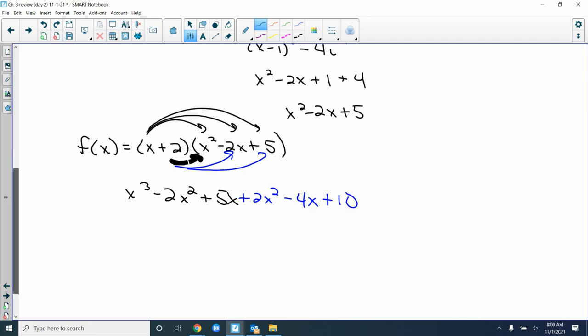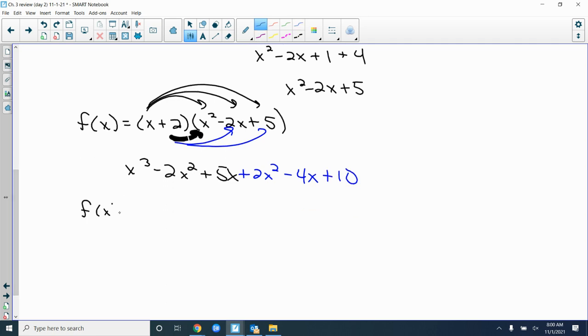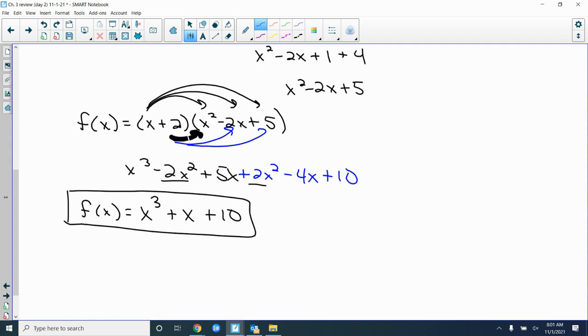So what do we end up with? f of x equals x cubed. Negative 2x squared, positive 2x squared cancel. Plus 5x minus 4x looks like it gives me plus x, plus 10. So in the end, that whole mess just boils down to x cubed plus x plus 10.